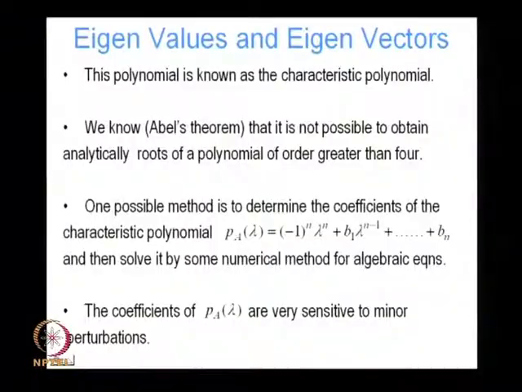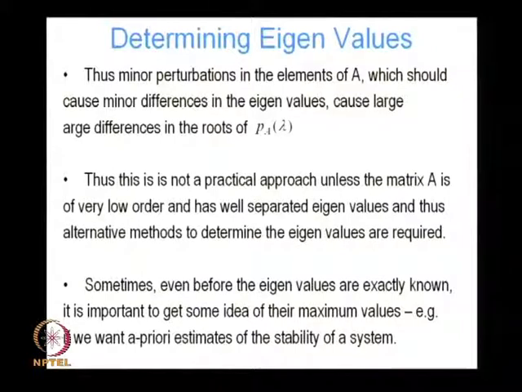Because the coefficients of my characteristic equation are very sensitive to minor perturbations, right. So, they are not very well conditioned. Minor perturbations in A result in large changes in the roots of my characteristic equation. Thus, minor perturbations in the elements of A, which should cause minor differences in the eigenvalues, cause large differences in the roots of P_A(lambda).